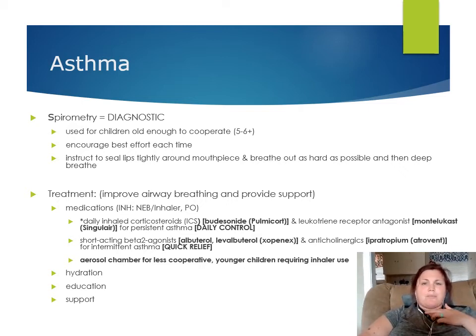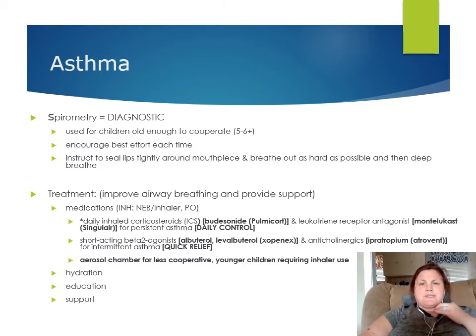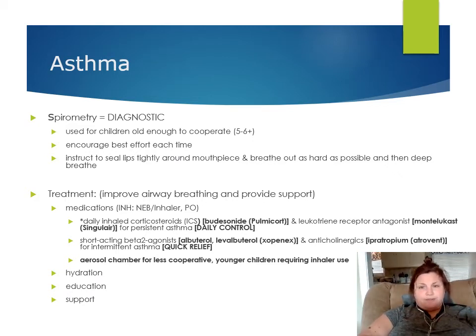Proper or controlled asthma means symptoms of 2 or fewer days a week. Nighttime awakenings are minimal, and it doesn't interfere with their normal activity like school or exercise. They shouldn't need to use their emergency meds more than 2 days a week, and they should have a peak expiratory flow rate or PEFR of 80% or greater.